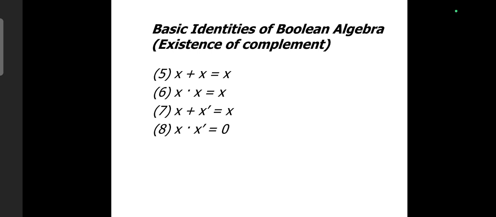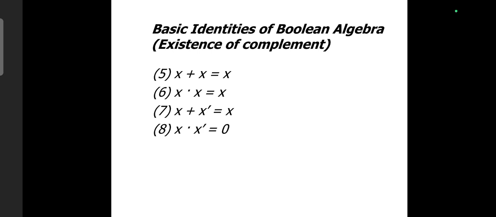I will be pronouncing the OR symbol as plus and the AND symbol as dot. So x plus x prime equals 1. This means that either the variable or its complement must always be true. Since one of them will certainly have a value of 1, the result of our operation becomes 1.